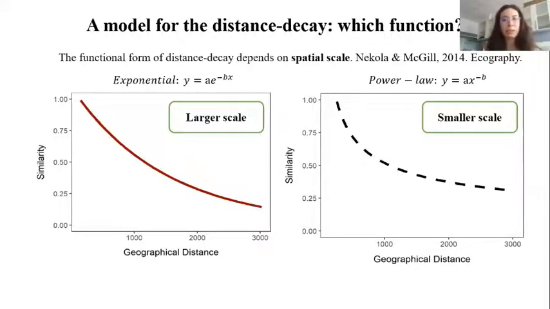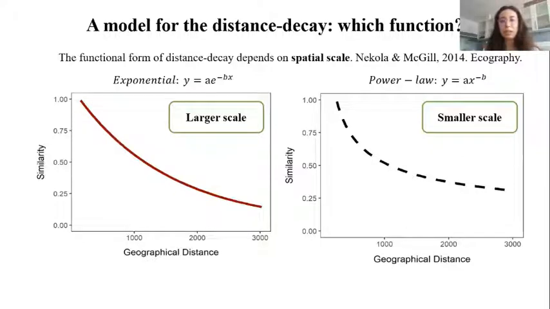Nicole and Mahil in 2014 found out that the relationship between similarity and distance depended on the scale of data. If we have larger scale data that allow for the turnover of species to happen smoothly, we can expect exponential distance decay functions.